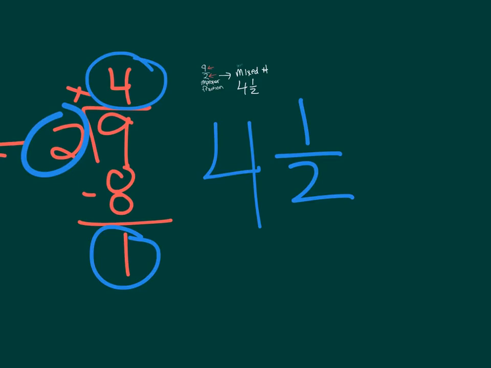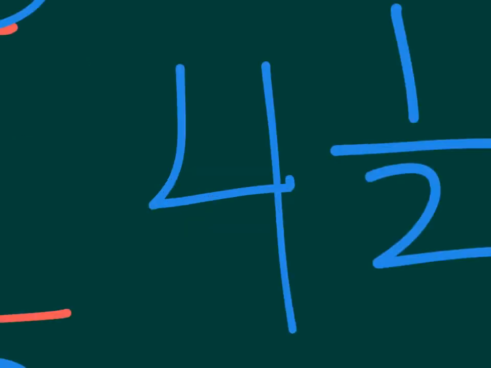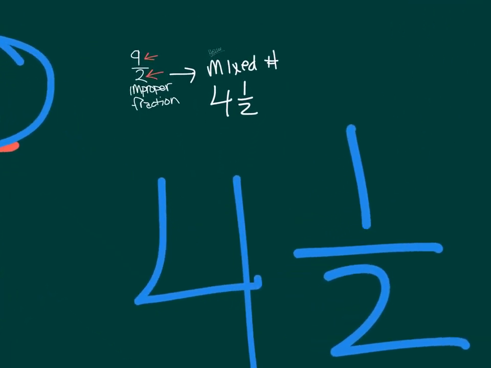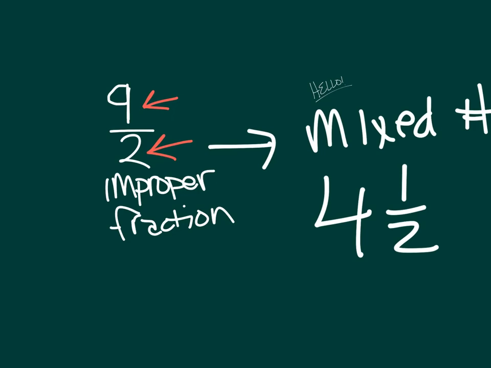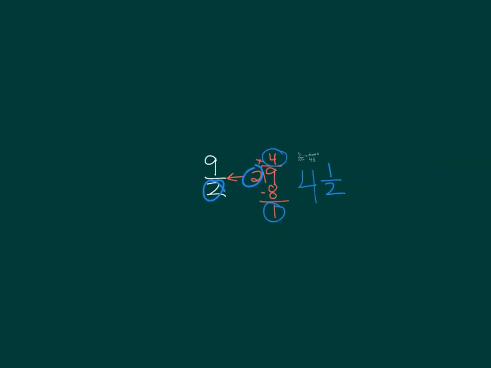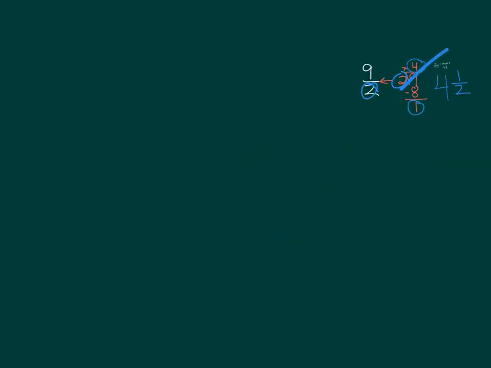Now we can also take a mixed number like 4 and 1 half and convert it to an improper fraction. We can go the other way, right? We started with an improper fraction, 9 halves, and we converted it to a mixed number. Now we're going to start with a mixed number and convert that into an improper fraction.